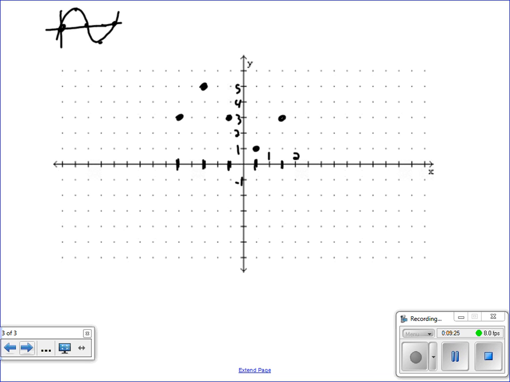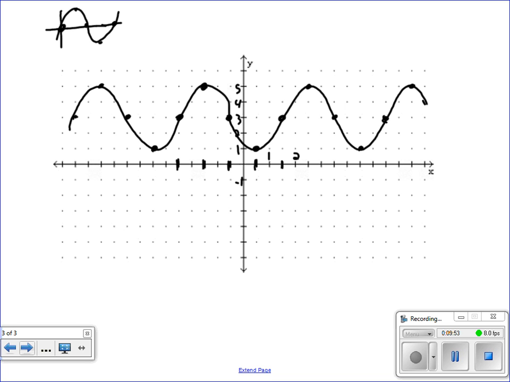And again, we can just keep repeating forever and ever in both directions, like so. And going left, we get points going down first, and then we bounce up to the middle, and then we have points going up and then down. And so our graph just bounces up and down between +5 and +1 forever and ever in each direction.